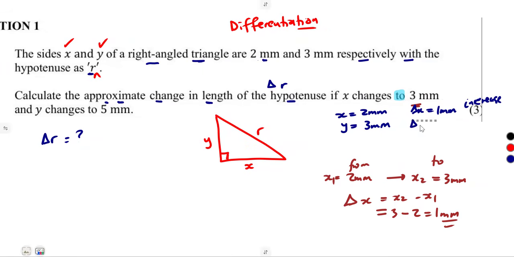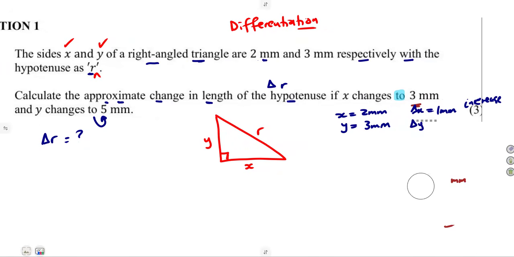Then we're also going to need the change in y, as y also changes to a certain value. It is the same thing as the previous case. The change in y is determined as y2 minus y1. This is our y2 and originally this is our y1. So that is 5 minus 3, which is 2 millimeters.